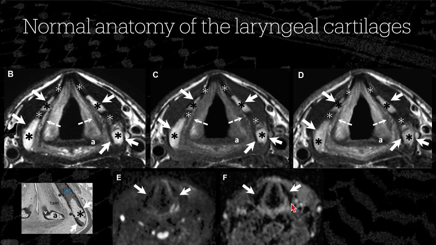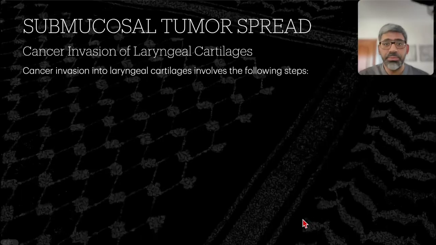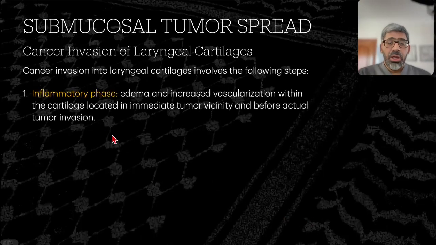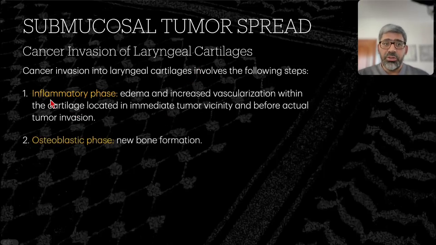On diffusion imaging, the thyroid cartilage, whether ossified or non-ossified, tends to show low signal. The invasion of the thyroid cartilage can be variable also. It undergoes initially an inflammatory phase with edema and increased vascularity, then an osteoblastic phase where there is new bone formation.